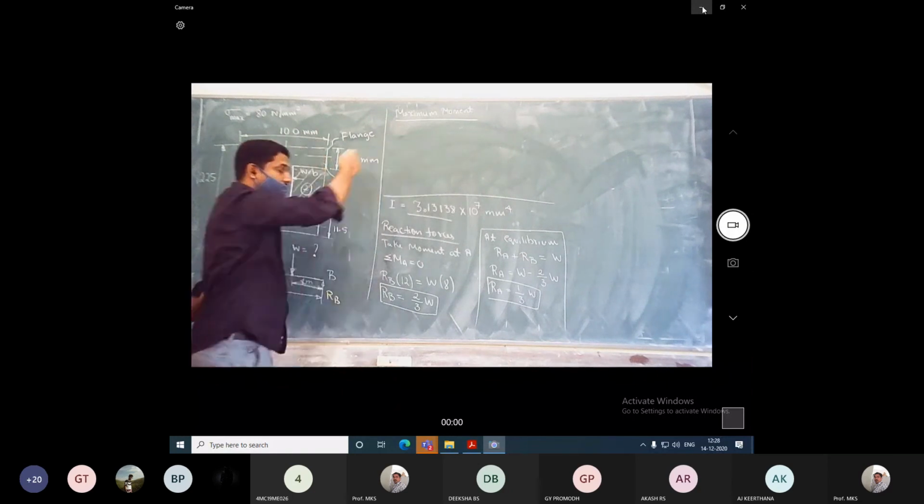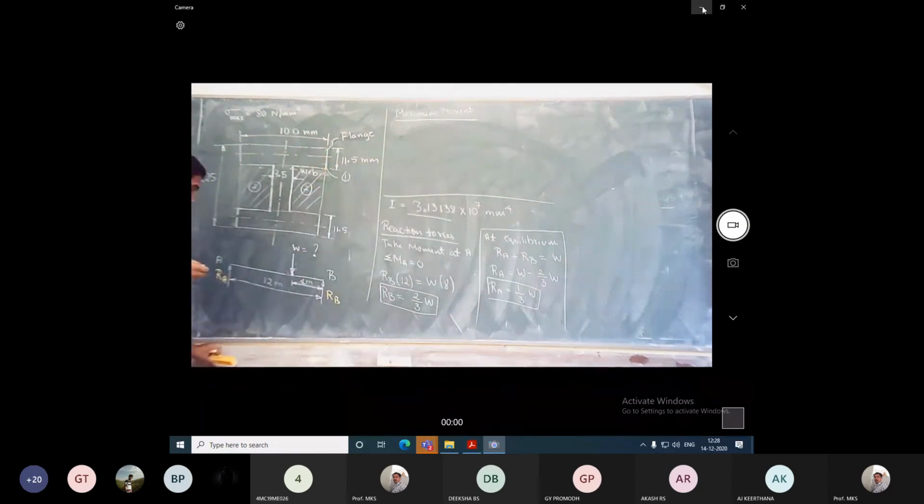So you can write: the maximum moment acts at the point of load. For a simply supported beam with point load, the maximum moment acts at the load point.